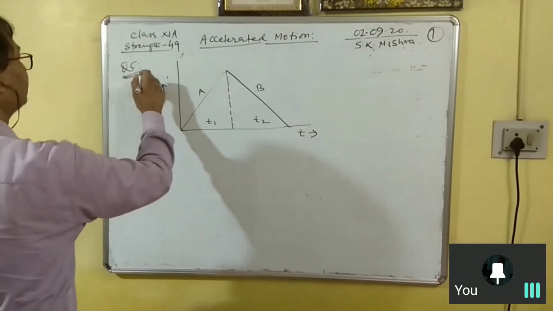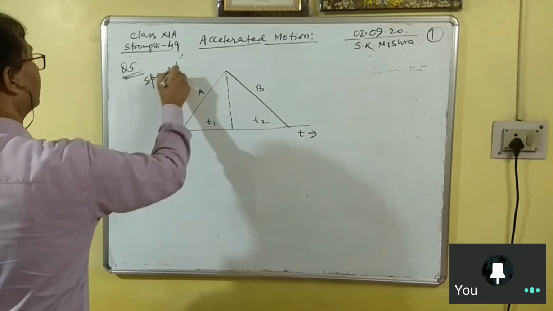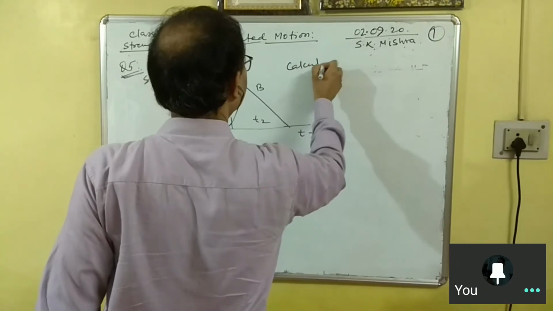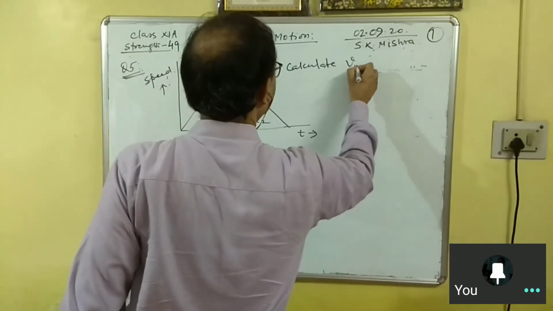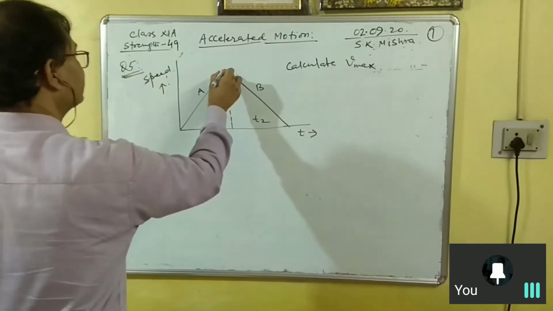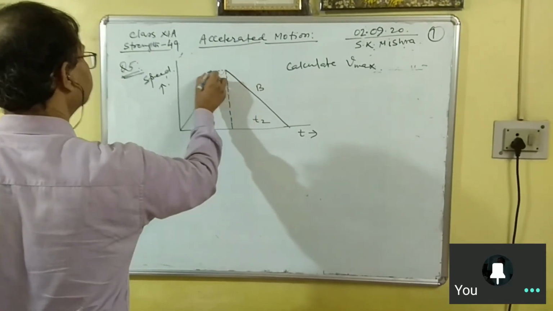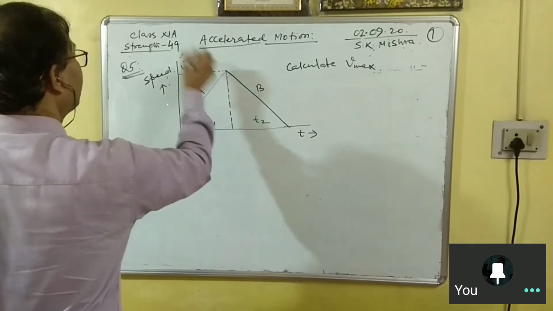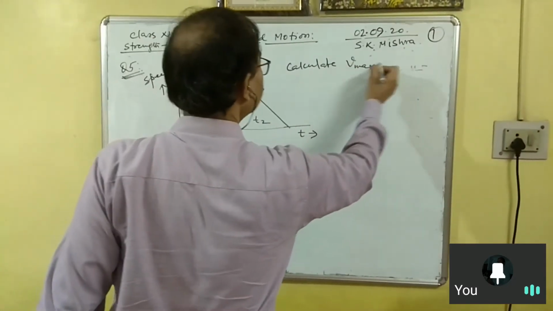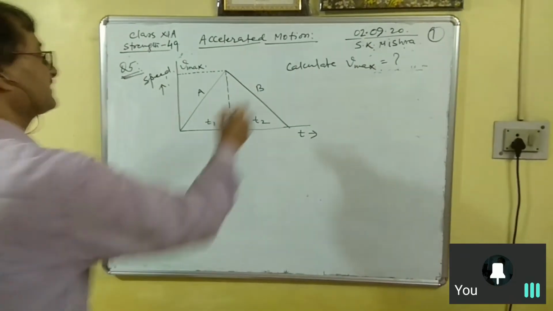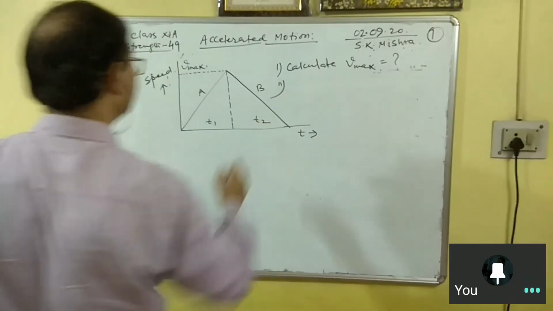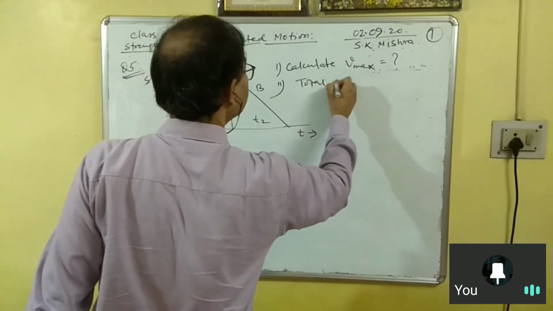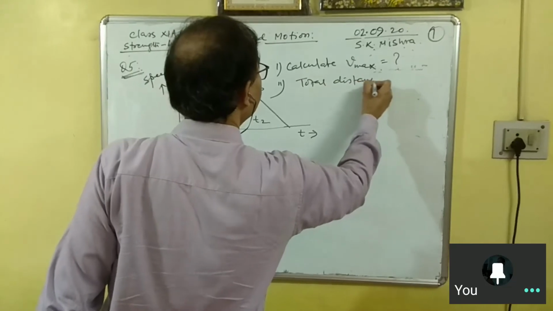So actually you have to consider a speed here. Calculate the maximum speed, Vmax. This you have to calculate. The first bit is you have to find Vmax. The second bit is the total distance covered.